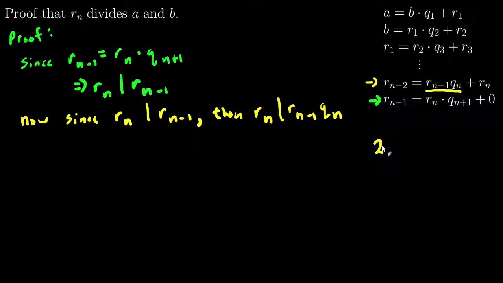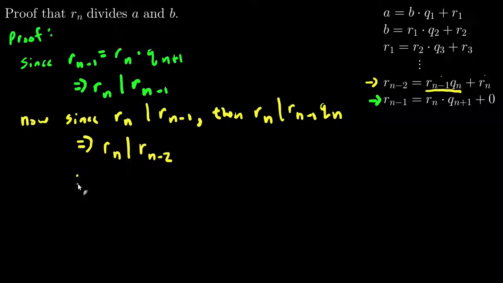Since 6 divides 18, and goes in there 3 times, then 6 also divides 18 times 5, 90. Because it already went into 18, so this went into that 3 times, this goes into that 15 times. It follows through with that, okay? So it divides this, then divides that. This means that r sub n actually divides r sub n minus 2, because it divides this part and this part. There's an r sub n right there.